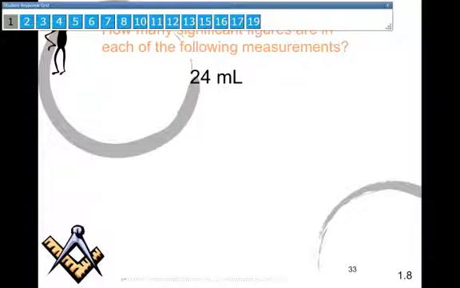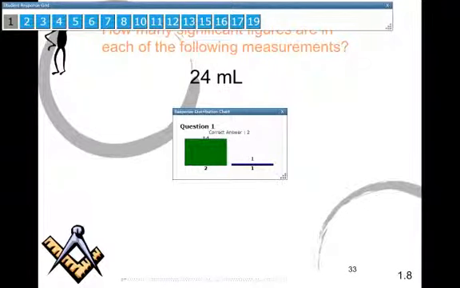The answer is 2, yes. Non-zero numbers are always significant. So 2.